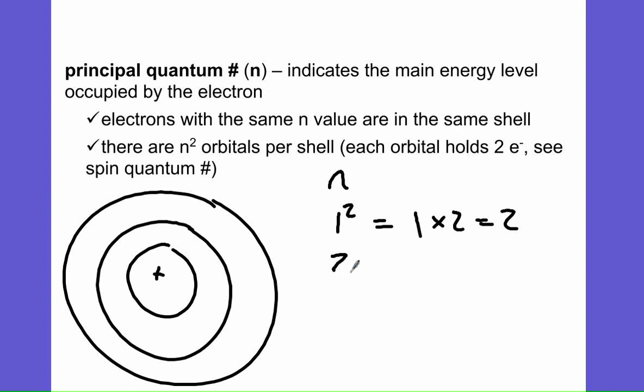If I'm talking about the second row of elements on my periodic table, if n equals 2, 2 squared is equal to 4, and if I assume 2 electrons can be in each of those orbitals, that gives me 8 electrons total. And if you look at your periodic table, there are 8 elements in the second row, correlating with the 8 electrons that would be in that new shell for those elements. So these patterns begin to emerge that we can work with later.